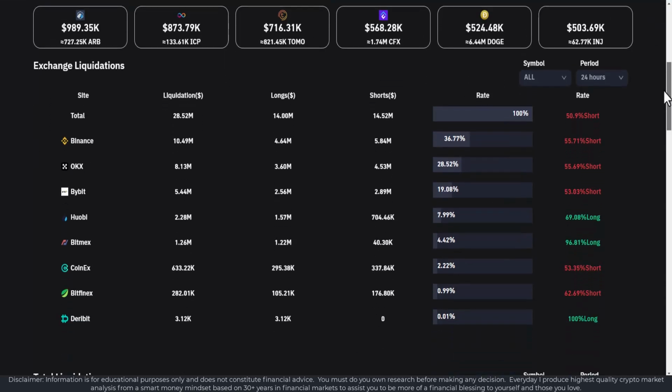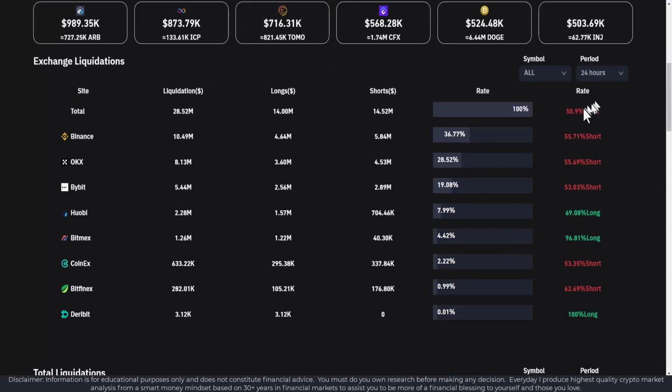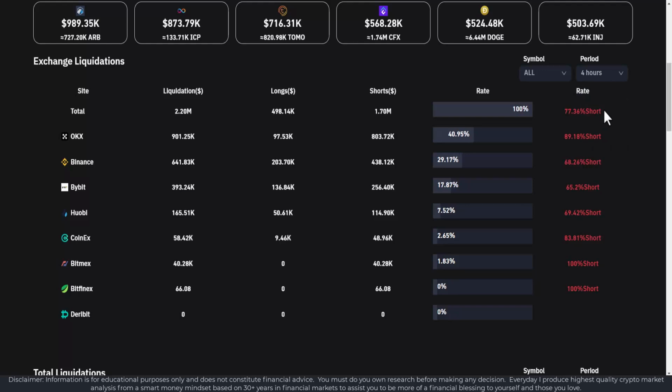That can be very good for you to look at. What about the actual liquidations? We can see about 51% short total exchange liquidations across the past 24 hours. What about the past 12 hours? It's gone the other way, about 57% long. What about the past 4 hours? It's gone the other way again. Choppy market time, about 77% short.